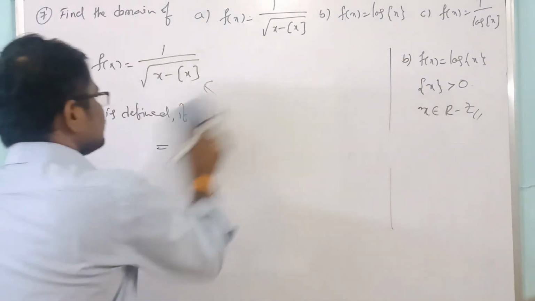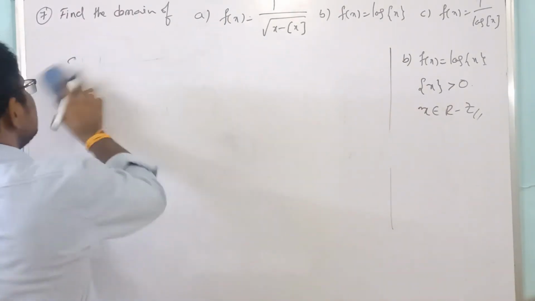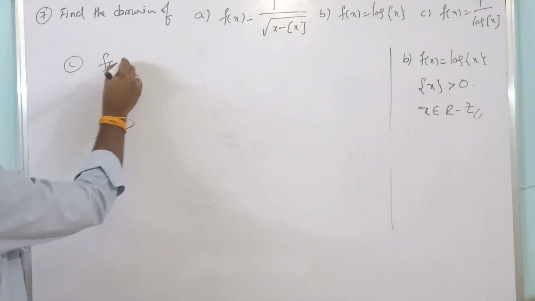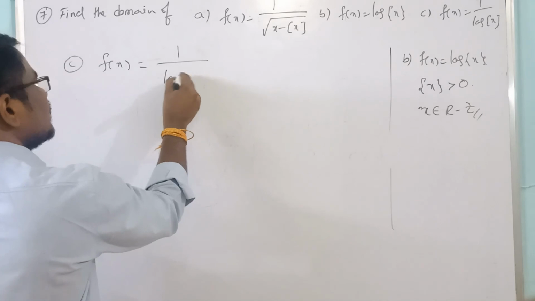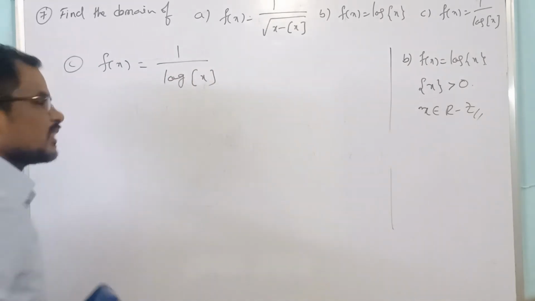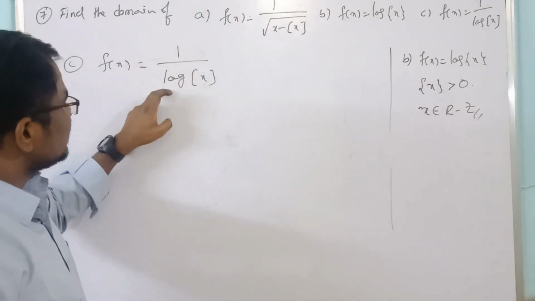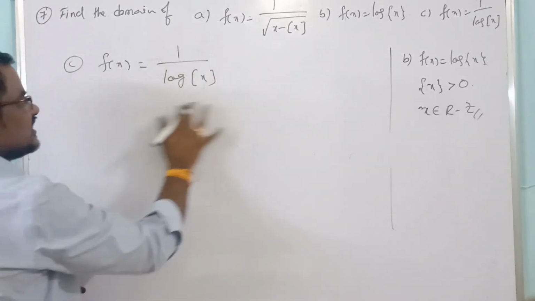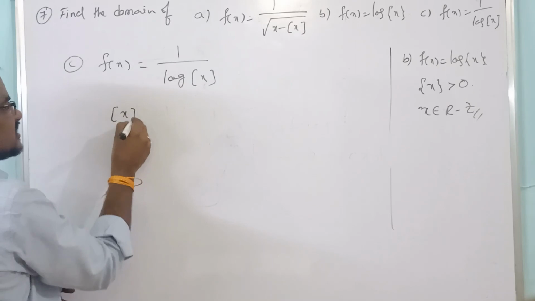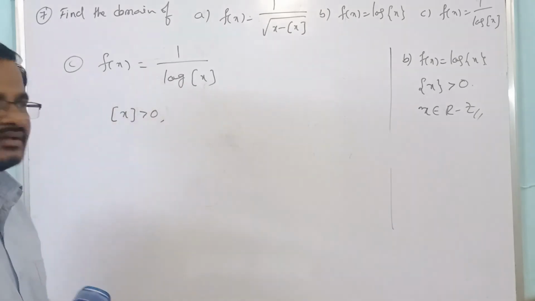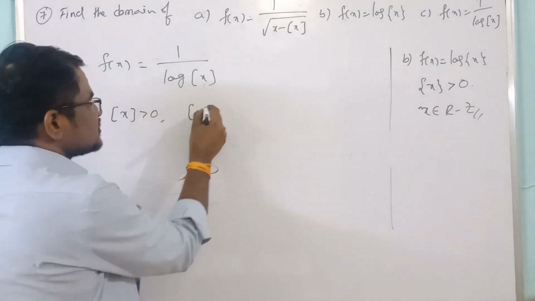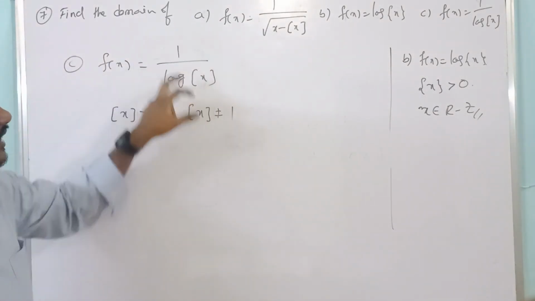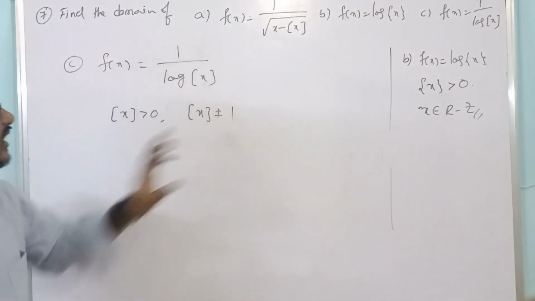Next, the c bit: f(x) = 1/log[x]. Here the form 1/log f(x) is there, so this function is defined whenever [x] > 0, one condition, and also [x] ≠ 1, because if it equals 1, log 1 is 0 and 1/0 is not defined.